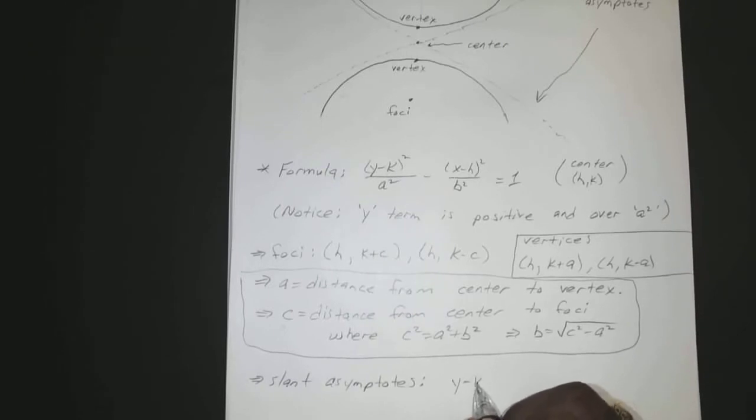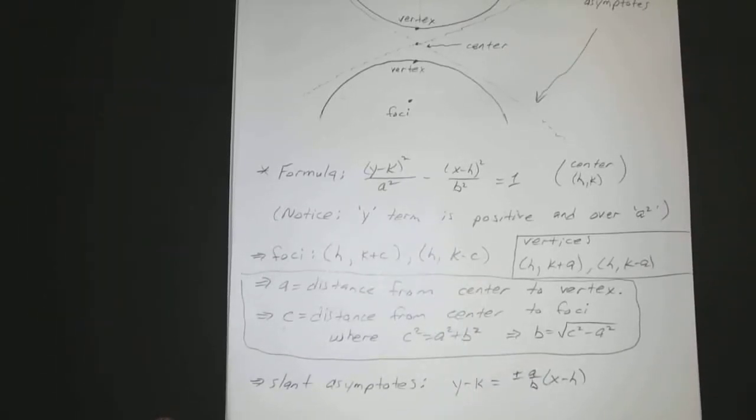So y minus k equals plus or minus a over b times x minus h. So you can see the formulas are really close to each other. Just that if it's vertical, your k value is going to change for your vertex and your focus points. And if it's horizontal, your x value is going to change.